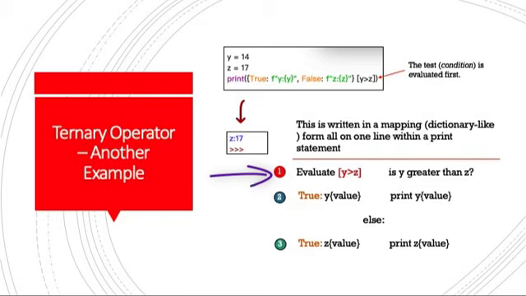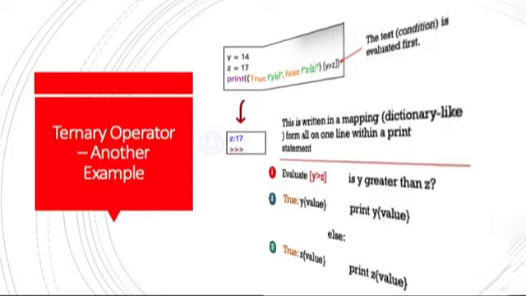So we evaluate, is y greater than z? If that evaluates to true, the value of the key for y, which happens to be 14, will be printed out. If it's false, the value for the key of z, which happens to be 17, will be printed out, and that's exactly what happens here in the output.